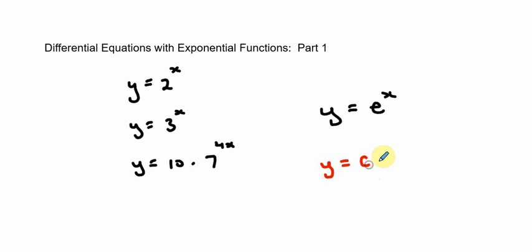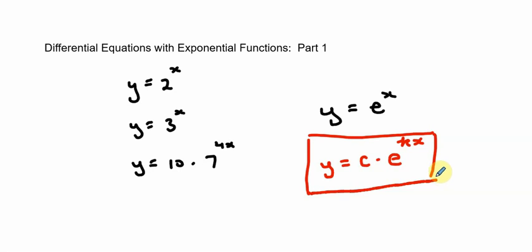Some kind of constant c could be out in front, then we want the base to be e, and there could be some number k multiplying the x. Like over here I had the 4 times the x. So this is your basic form of an exponential function that we want to study today.